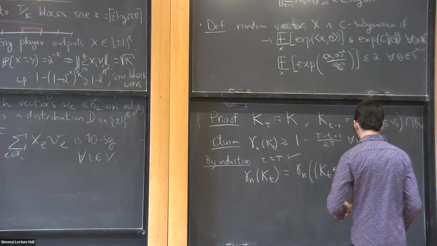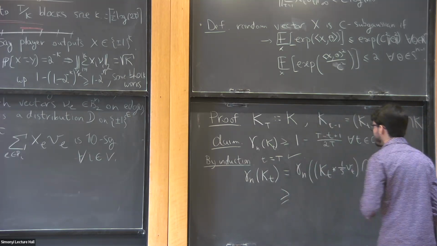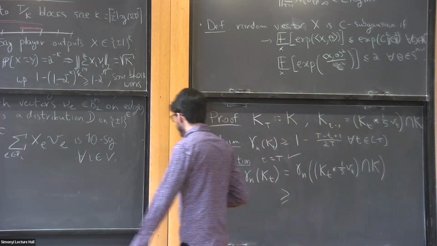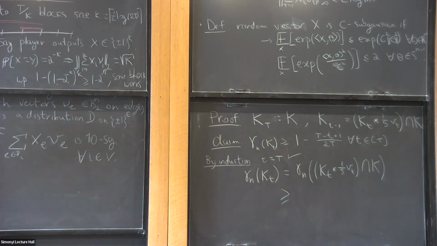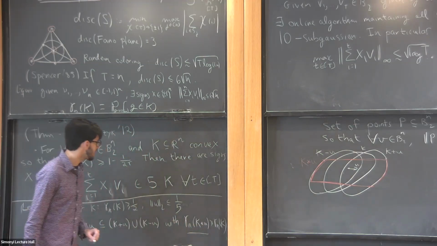Okay, so how do I do this? I want to lower bound this by, so here's the motivation. Here I know something about the Gaussian measure of this body when I take the star.